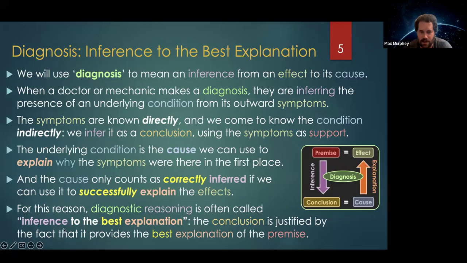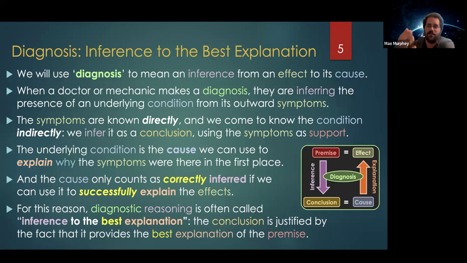An inference to the best explanation, or in our terms, a diagnosis, is when we infer something that can provide an explanation, and our conclusion is justified or well supported or correct if it really provides the best explanation of the premise that we started from. Okay? The conclusion is justified by the fact that it provides the best explanation of the premise. And of course, we know that that's going to mean better than any rival conclusion, right?